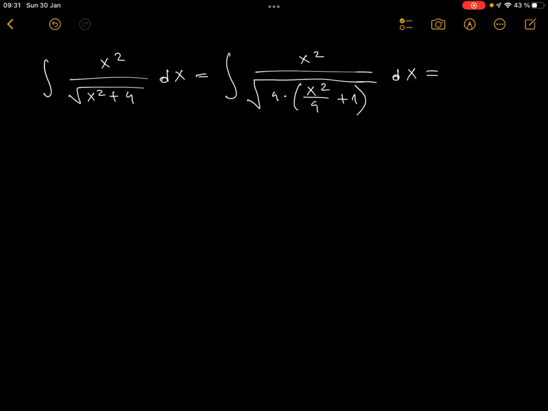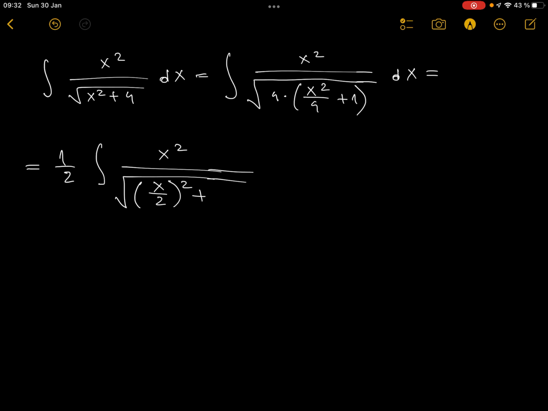dx, which is the same as 1/2 of the integral of x squared over the square root of x over 2 squared plus 1 dx. Okay, so I'm just going to go ahead and rewrite this a little bit more.